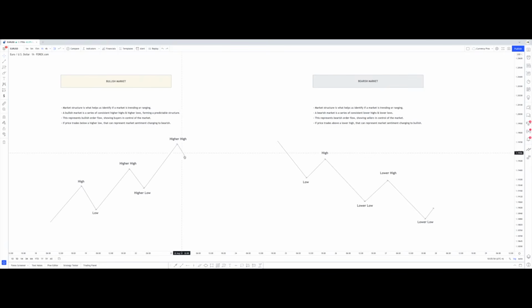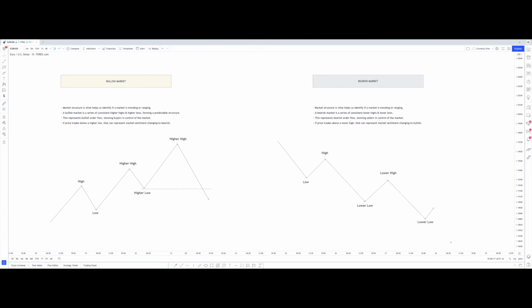So as I said before, we're expecting a new higher low, a new higher high, etc. But if price gains enough downside bearish momentum to actually break that higher low, this one right here, okay, so if we break that low, then that's a change in market sentiment.